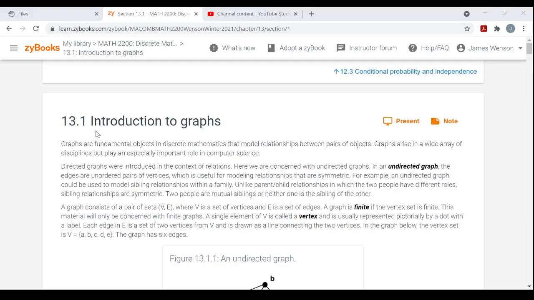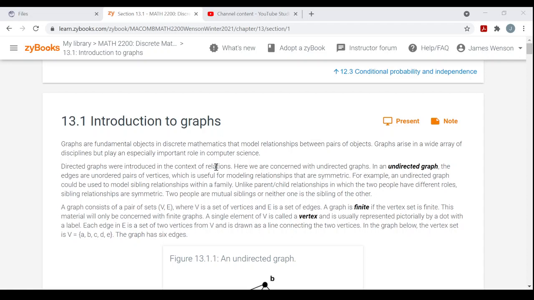All right. So graphs are fundamental objects in discrete mathematics that model relationships between pairs of objects. Graphs arise in a wide array of disciplines, but play an especially important role in computer science. Directed graphs were introduced in the context of relations, right?